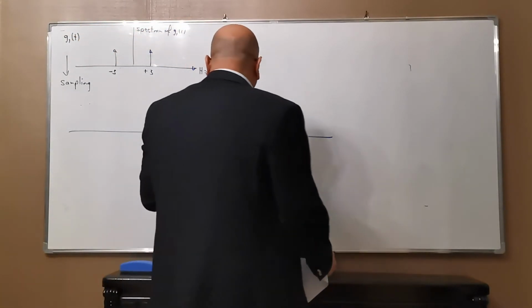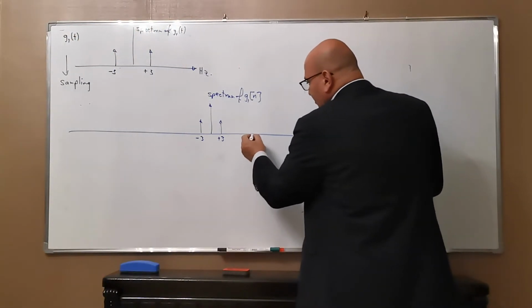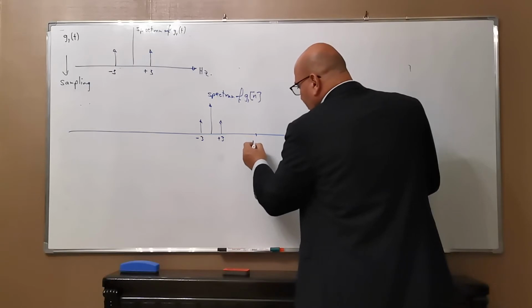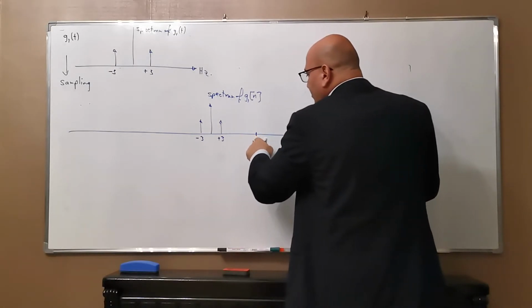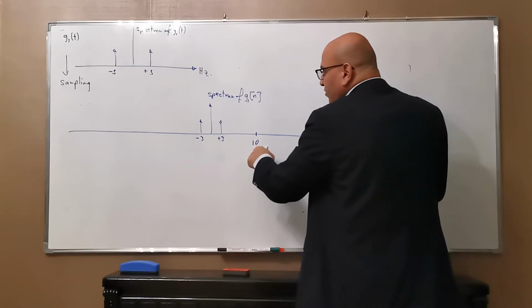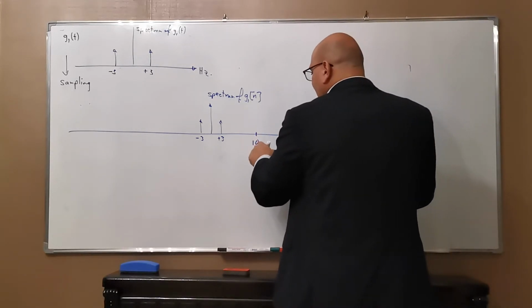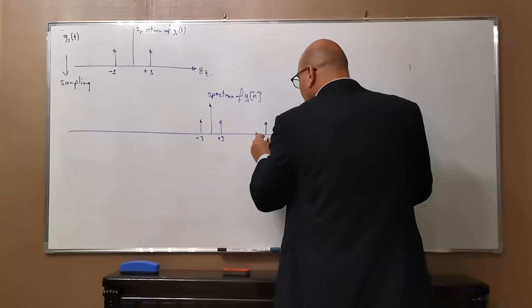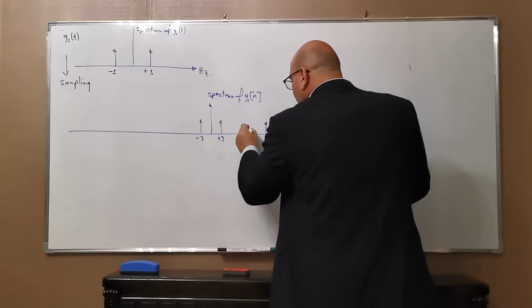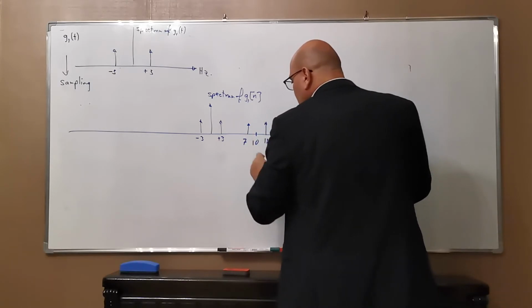Now, we will also have it at 10, so this spectrum will be repeated around multiples of the sampling frequency. The sampling frequency is 10 hertz, so you will have this one at +3, so at 13, and one below, so at 7.